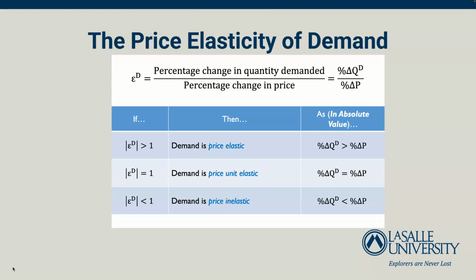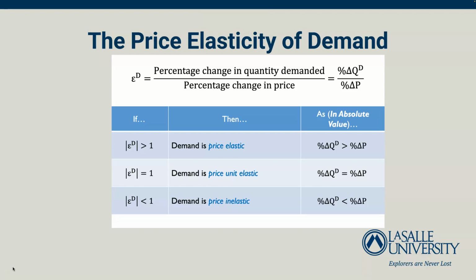It's the idea that if we have a given price change, depending on whether we have a much greater change in quantity demanded or a much smaller change in quantity demanded, that is essentially the measure of consumer responsiveness to price change.